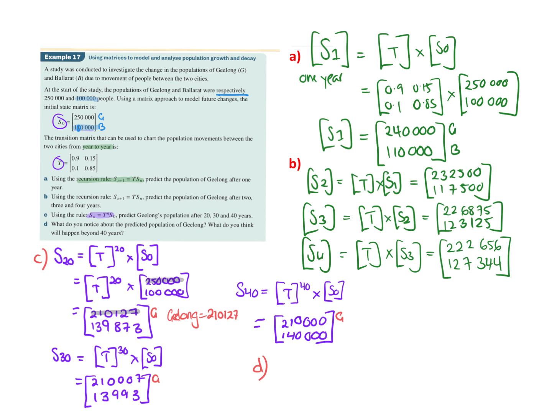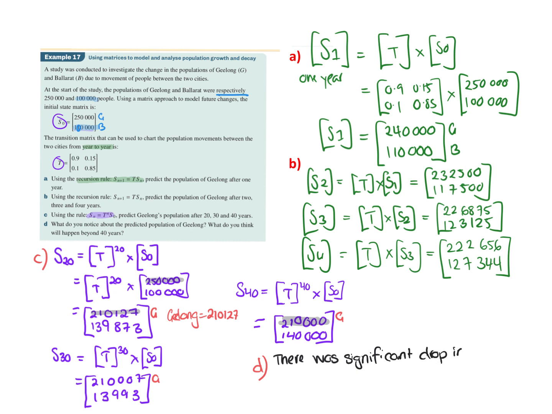But then after another 20 years, we're still at 210,000, roughly, if we rounded. So what we could say here is, there was a considerable drop. There was a significant drop in the first 20 years.